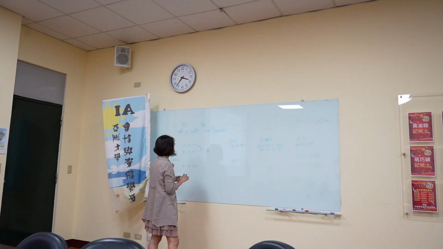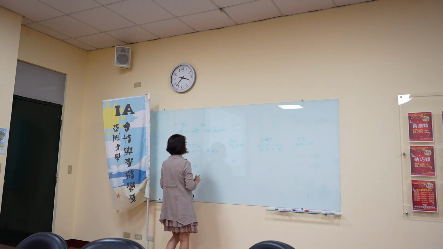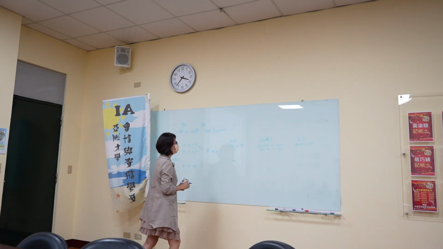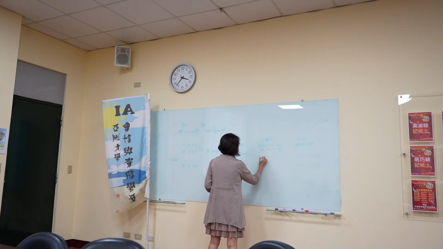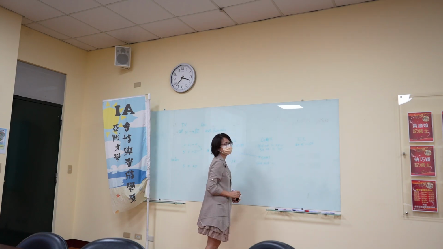Yes, 125 divided by 50, 21.6. Yes. So if it goes by average, the cost of the sale will be 21.6 times 13. How much is that?